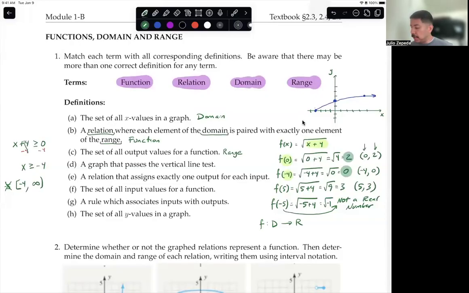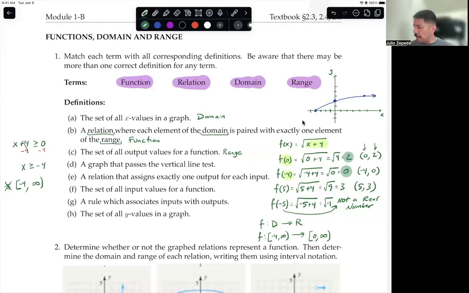Okay, and so this function f is going to take a value from the set -4 to infinity, and it's going to map that number or transform it to an element in the range, a number in the range, and the range we can see from our graph is going to be the set of numbers from 0 to positive infinity.